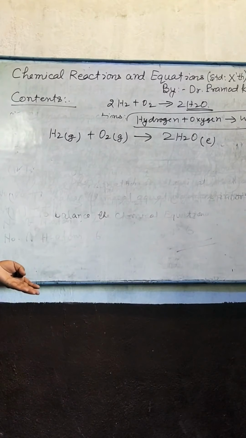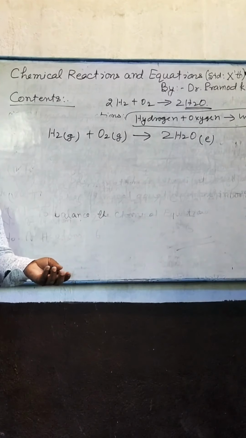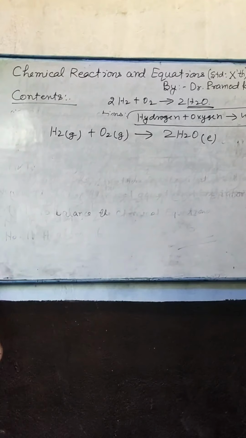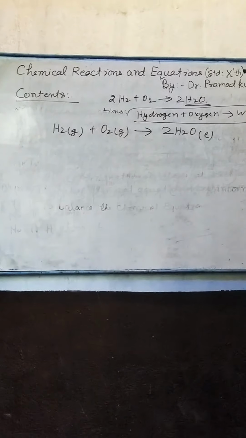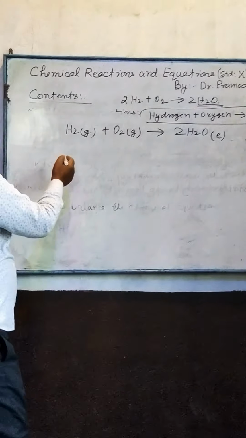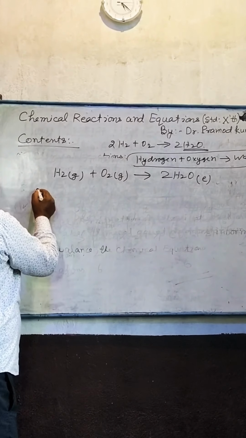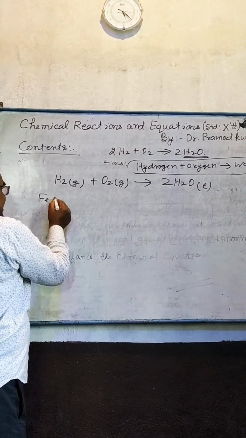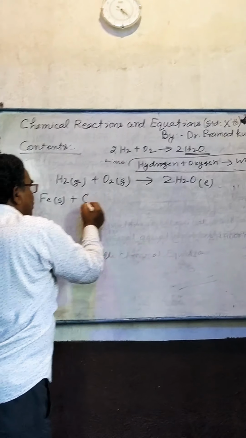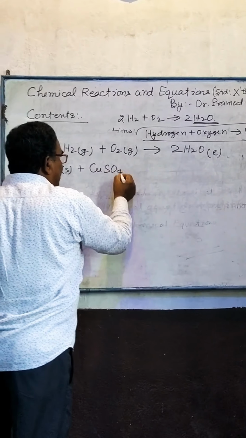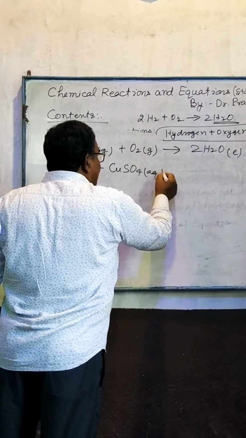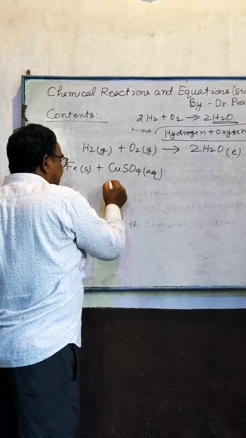Now we have to consider another chemical reaction in which there is a change in color. When we add iron nails in cupric sulfate solution, cupric sulfate solution is blue.